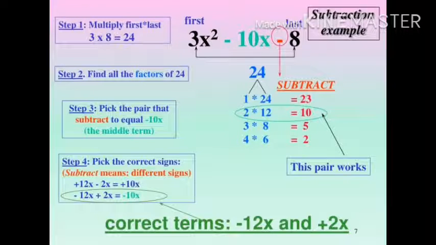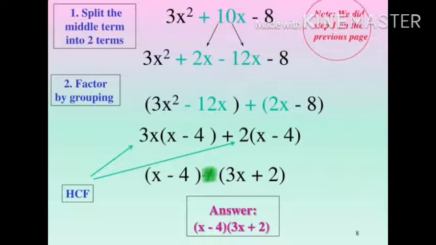So the middle term split for minus 10x is equal to minus 12x plus 2x. Now the expression is 3x square plus 2x minus 12x minus 8, by the factor by grouping method. We make a group of the first two and the last two, and the common factor in the first two terms is 3x.